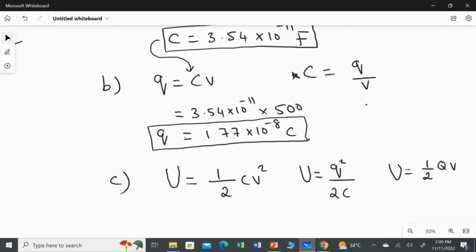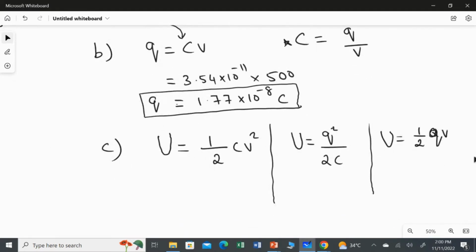So better I will do one thing. In place of Q, I am going to use small q. So you have 3 rules, am I right? You can use any one of those. You'll get the same answer. Better for this calculation, I'm going to explain with the 3 equations. Anyhow, we are going to get the same answer.